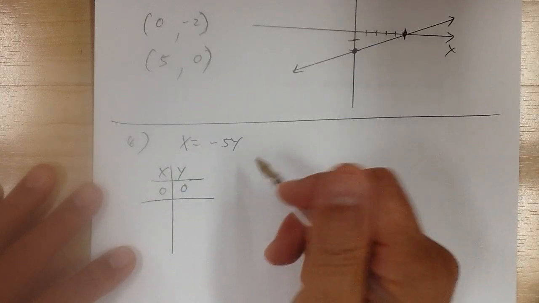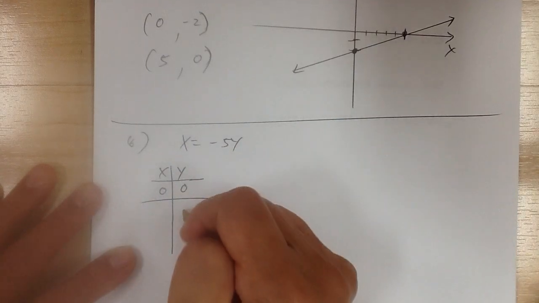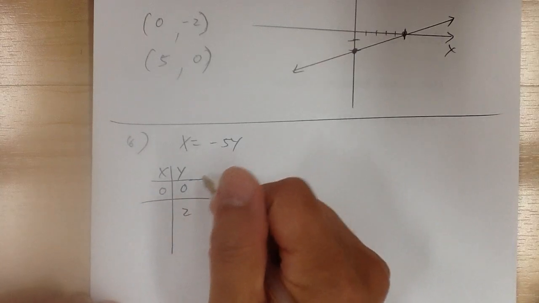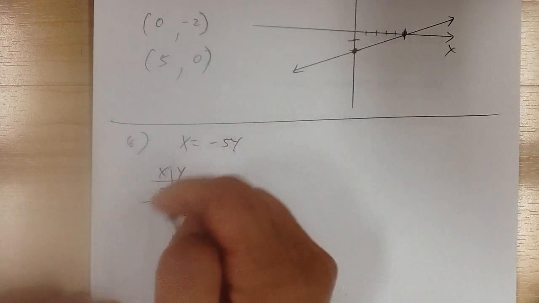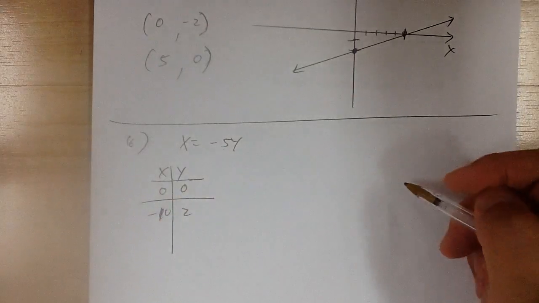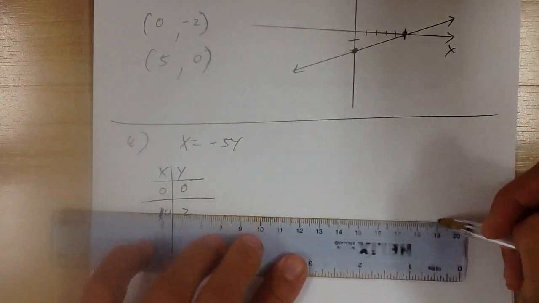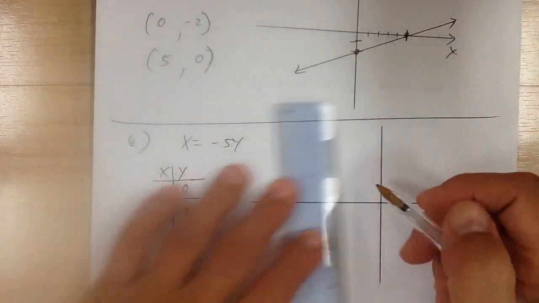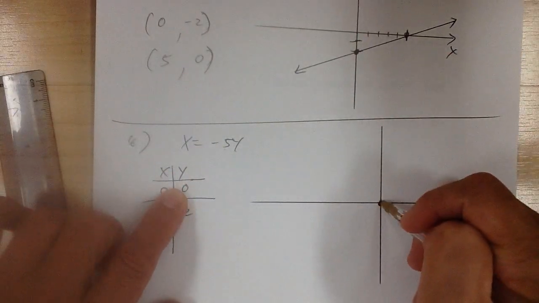Okay, and then after that, you can just choose like a 2. Again, you can choose any number. So if y equal to 2, 2 times negative 5 will give you negative 10. Okay. And then again, you just go ahead and get your points. So first point is 0, 0, right over here.